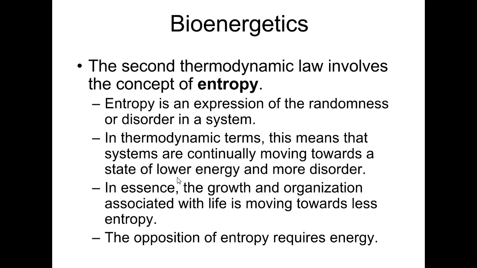Now, this is something that a lot of ecologists talk about, and that's entropy. Everything basically is going to randomness. And if you're interested in ecology, a lot of times you'll look at a crop.